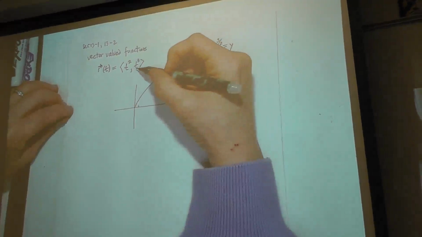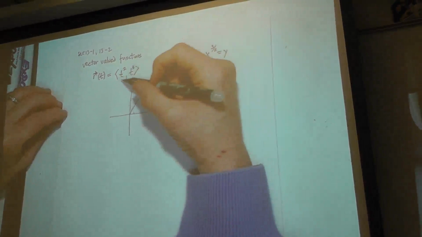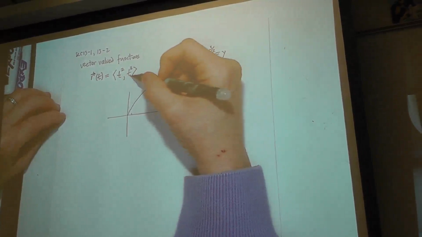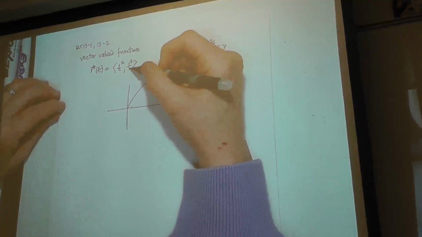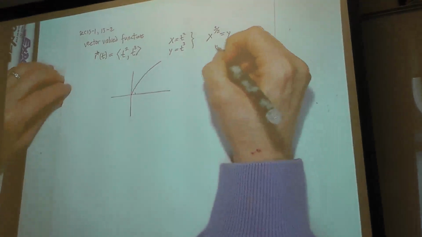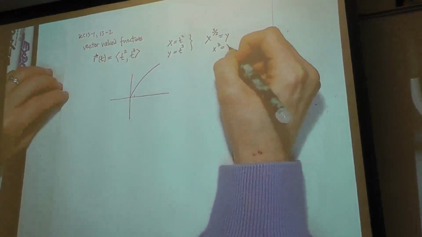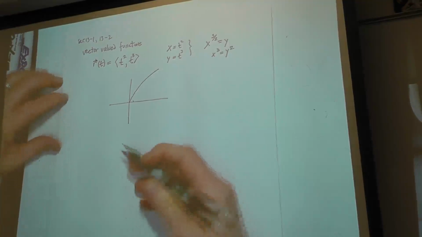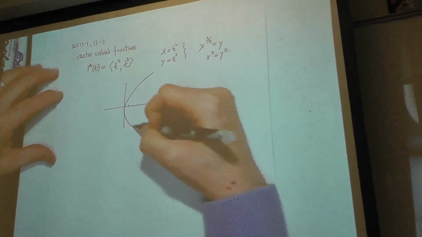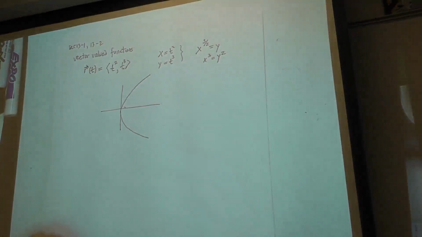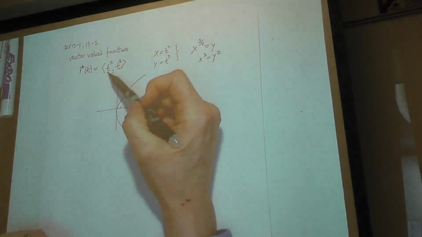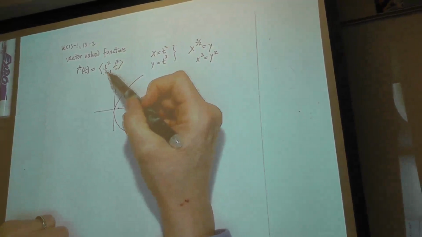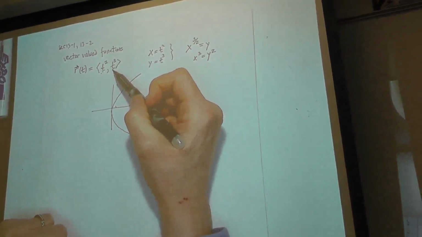But notice, if t is negative, you also will get negative values here, so maybe the better way to write this would be x cubed is y squared, and this would generate a graph like this. Notice that when t is negative, the y component becomes negative.